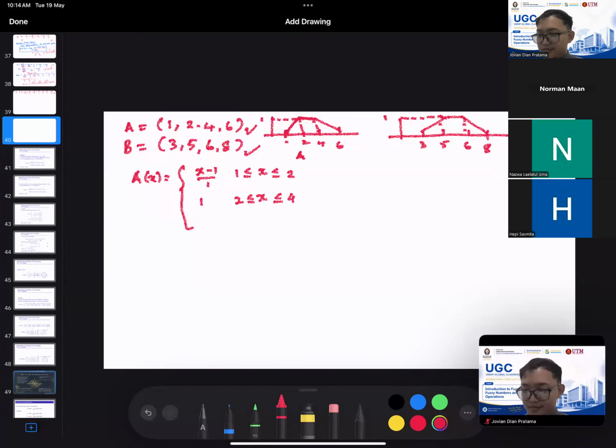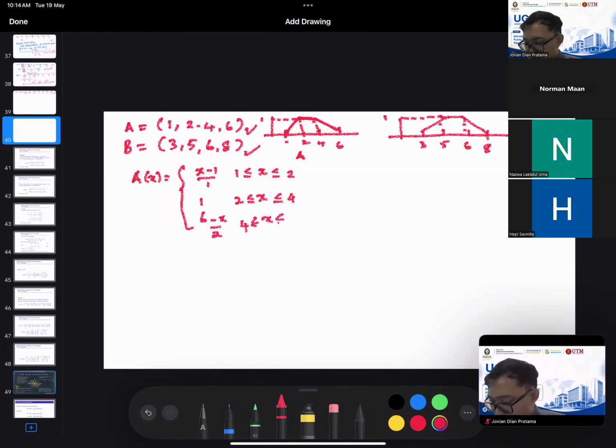The next equation is (6 minus x) over 2, which applies between 4 and 6. We can also identify that this membership function, or fuzzy number, is equal to 0 otherwise.